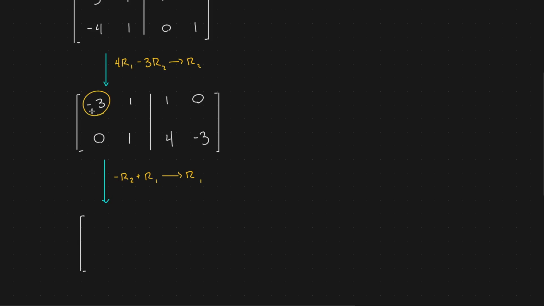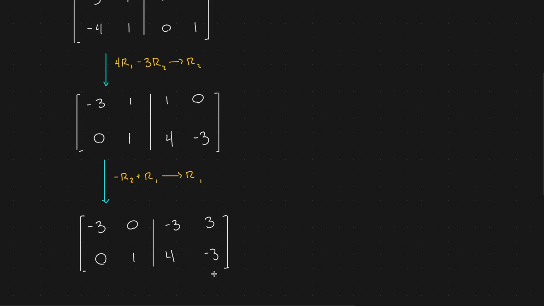So -0 plus -3 is -3. -1 plus 1 is 0. -4 plus 1 is -3. And +3 plus 0 is 3. All right, and we're leaving, for now, row 2 the same.